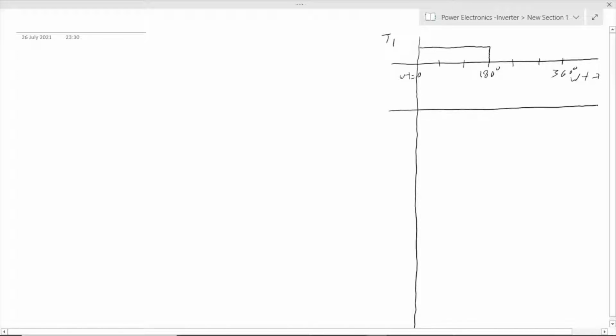So what will be T3? I said that it will be on after 120 degree, so it will be starting from 120 degree.